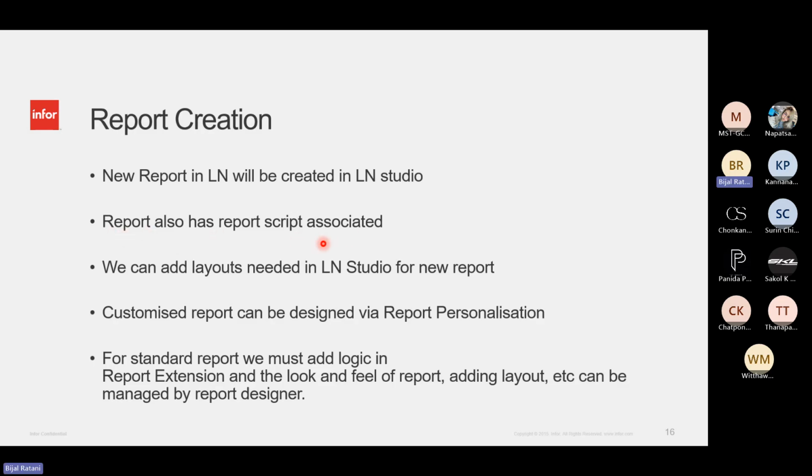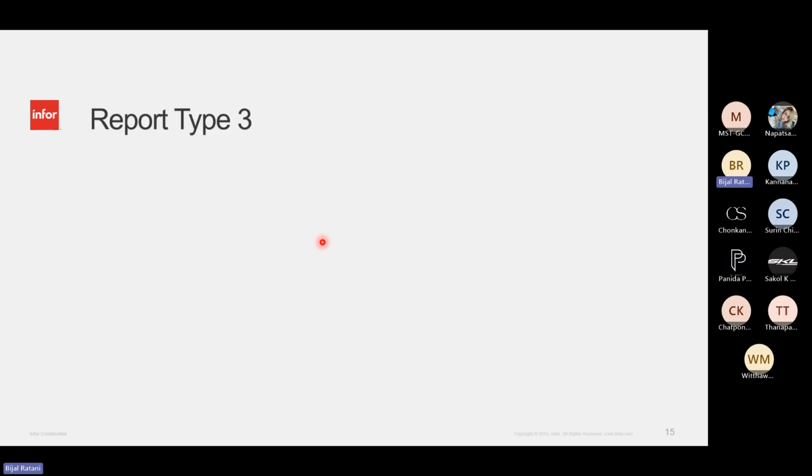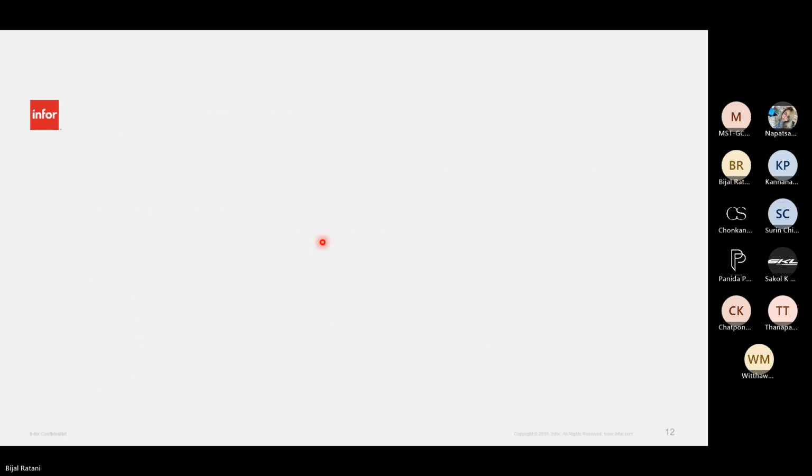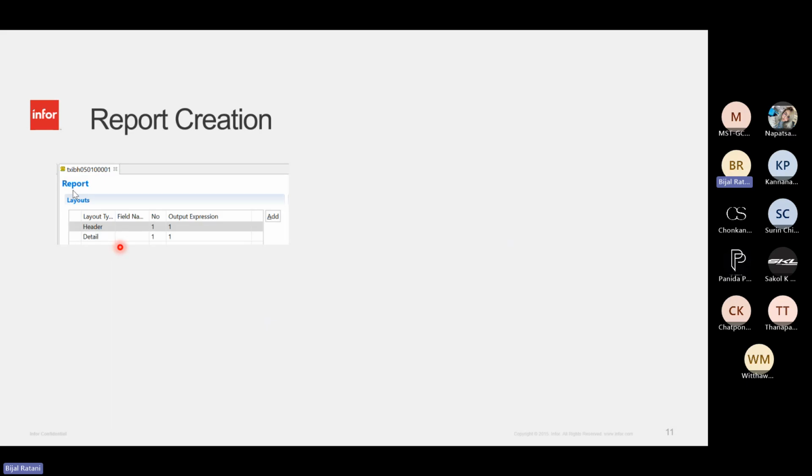A report also has a report script associated, where you can write some logic, like before printing the layout. So these are layouts generally. I will explain it to you further. Okay, so these are layouts. Header means that a particular piece of information gets printed at the header of each page. Imagine this as your Word document.